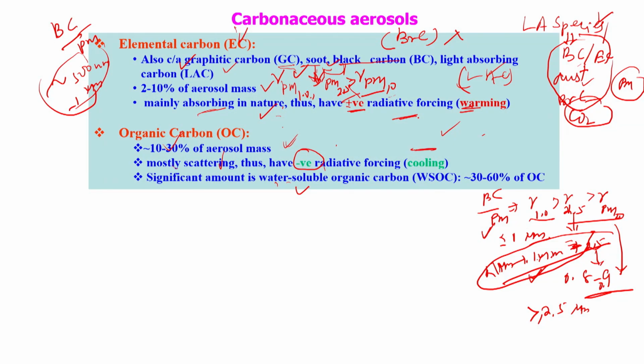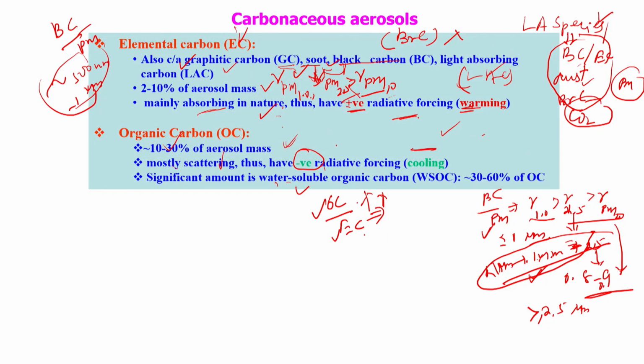So, one question that is again asked, that what will happen, which things will define. People generally ask whether composition is important in calculating radiative forcing or not. Now, you can understand this one. It is very clearly yes, because if the OC to EC ratio is higher, what will happen? Let us calculate the OC to EC ratio. This means we have more scattering aerosols compared to absorbing ones.